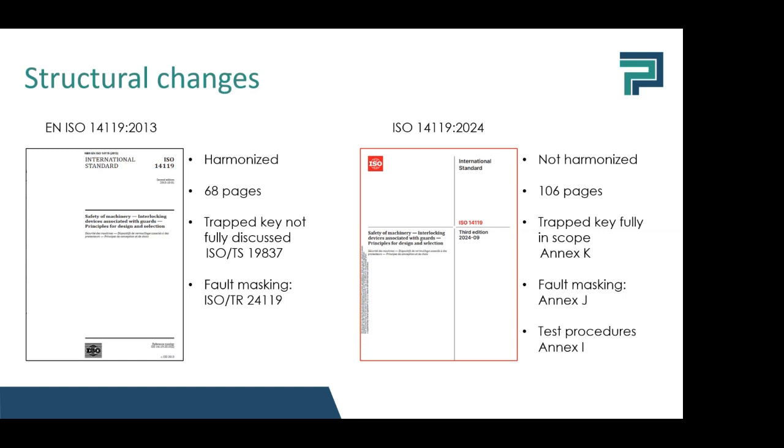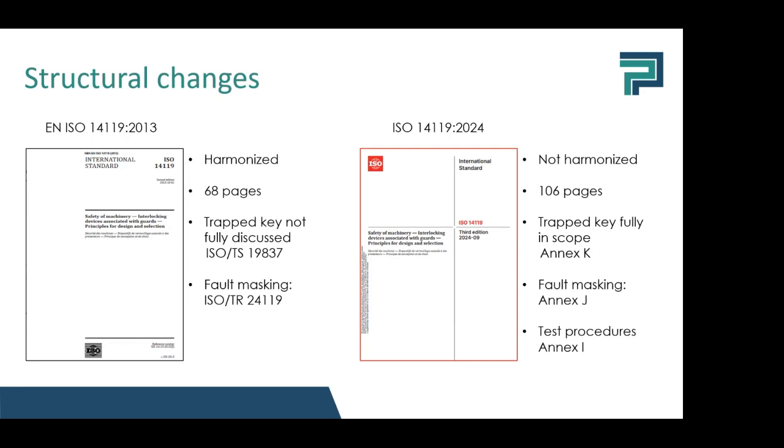And the new standard is not yet harmonized, but in the future we expect it to be harmonized. The page count increased a little bit in this standard from 68 to 106 pages.